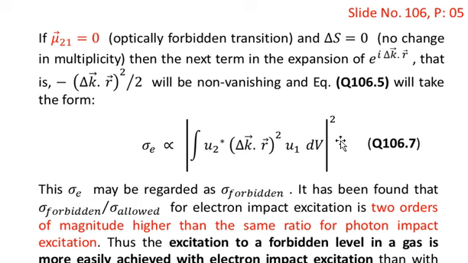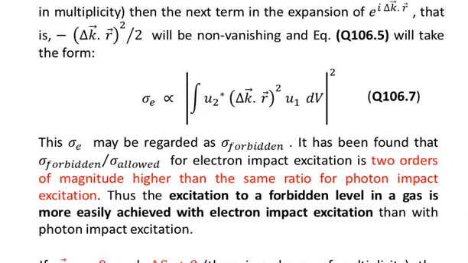But at the same time, achieving this optically forbidden transition by electron impact is easier, and it has a probability which is 2 orders of magnitude higher than the same ratio for the photon impact excitation. So the ratio of sigma forbidden to sigma allowed for the electron impact excitation has an order of magnitude twice that of the photon impact excitation. 2 orders of magnitude means 10 to the power 2.